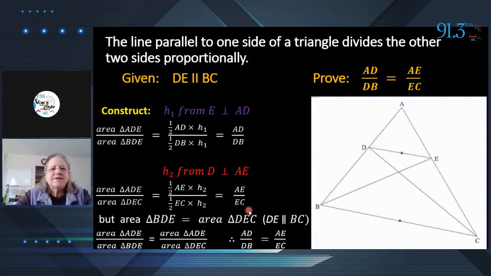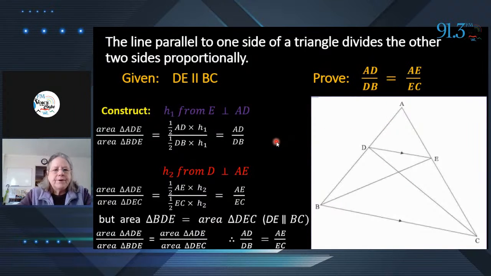Right, so here's the busy slide I was talking about. At the top, again, what are we trying to prove? We're trying to prove that a line parallel to one side of a triangle, so again, that DE, which is parallel to BC, divides the other two sides, AB and AC, proportionally.